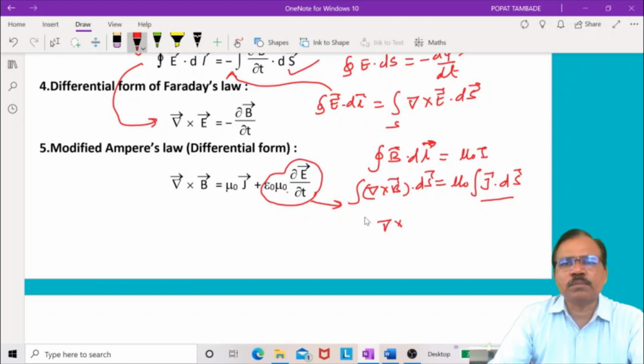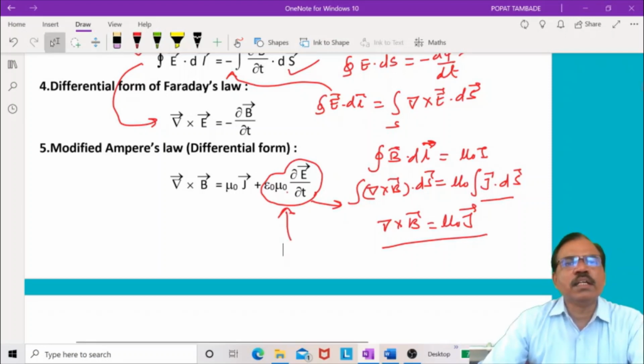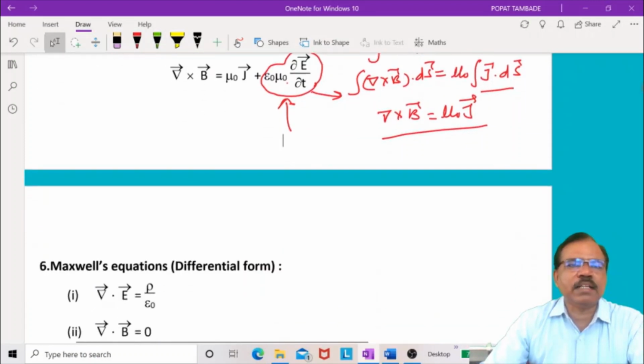So we'll get del cross B is equal to mu 0 J. This is Ampere's circuital law in differential form, and Maxwell modified this by introducing displacement current or displacement vector.